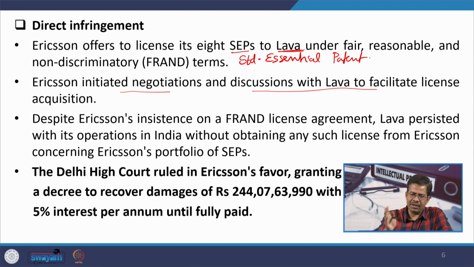They said that you are using our patents without our permission, so why do you not acquire the patents from us? And there is an issue which is known as FRAND, which stands for fair, reasonable, non-discriminatory terms, because these SEPs are essential for making a particular device.